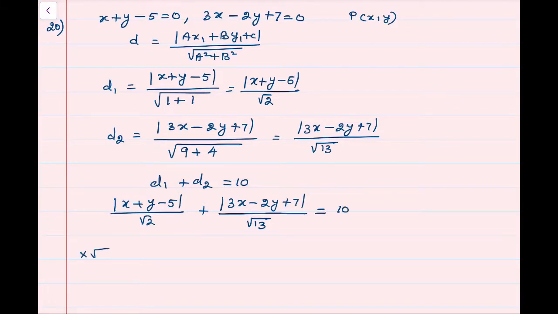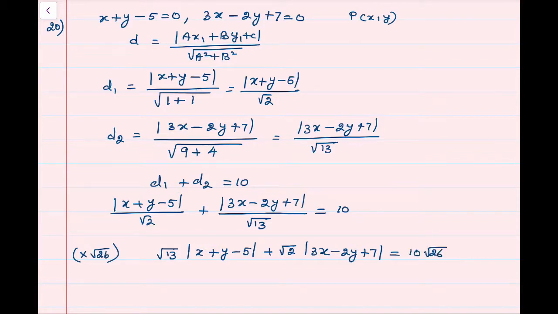Multiply this equation by root of 26. We get root 13 times absolute value of x plus y minus 5 plus root 2 times absolute value of 3x minus 2y plus 7 equal to 10 times root of 26.